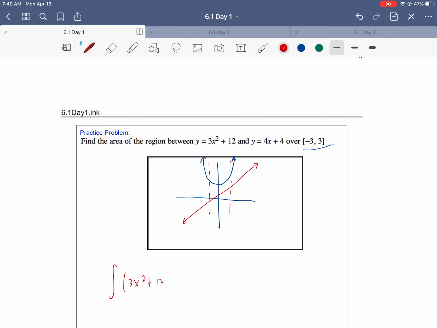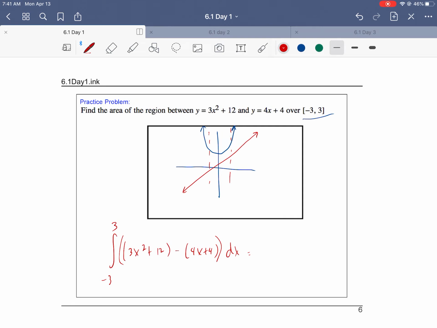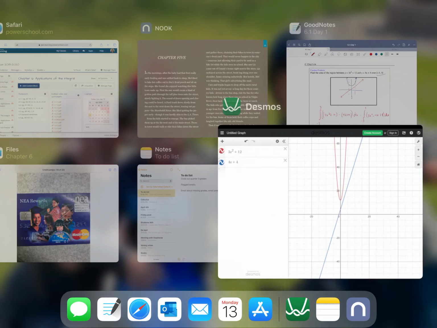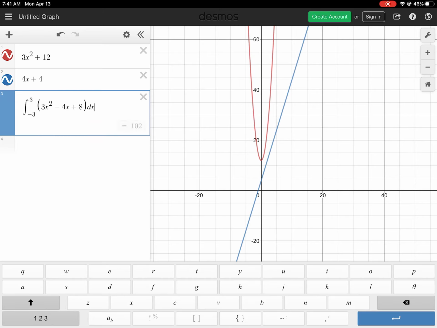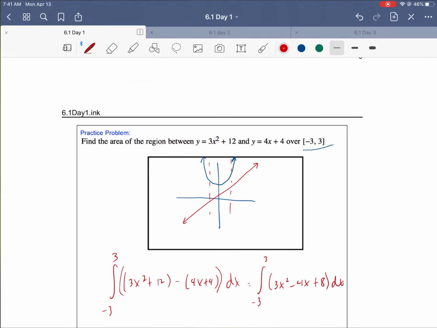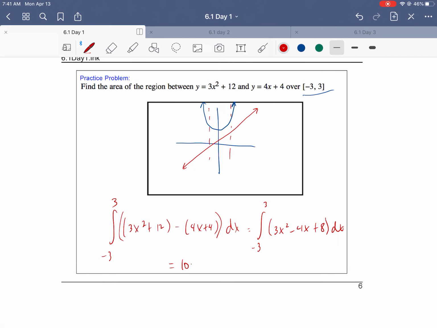Limits of integration are from -3 to 3. So you should get an area of 102.